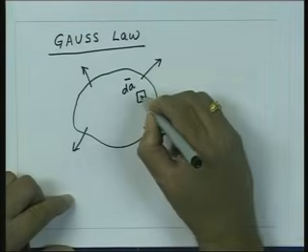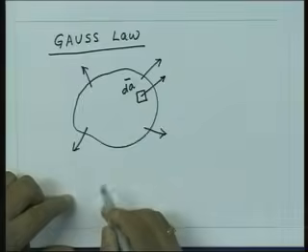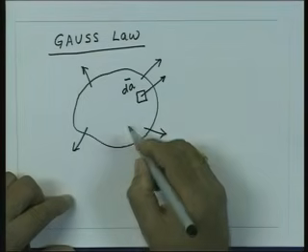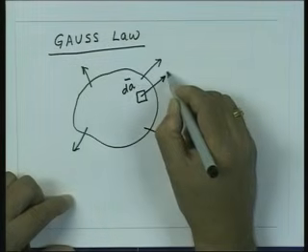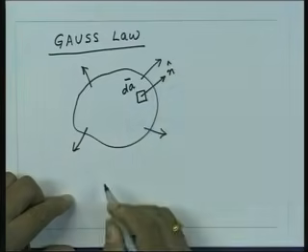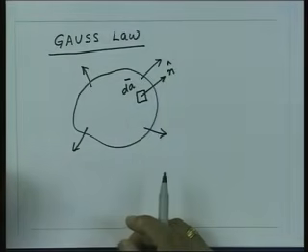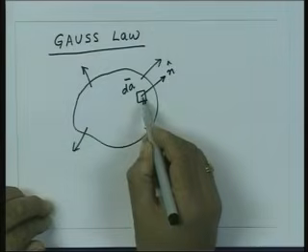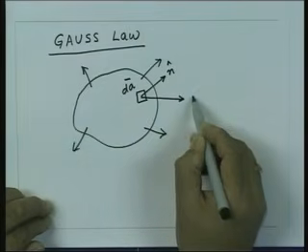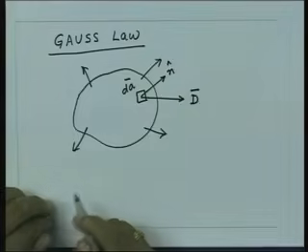As we saw, the area has a direction which is given by its normal. So, this is the normal to the surface, which is the outward normal, and at any location here, let us say this is the direction of the displacement vector.